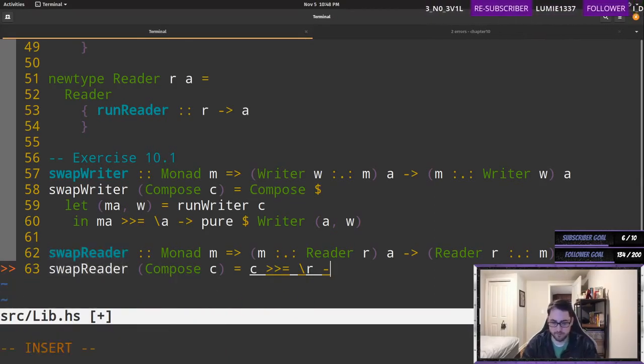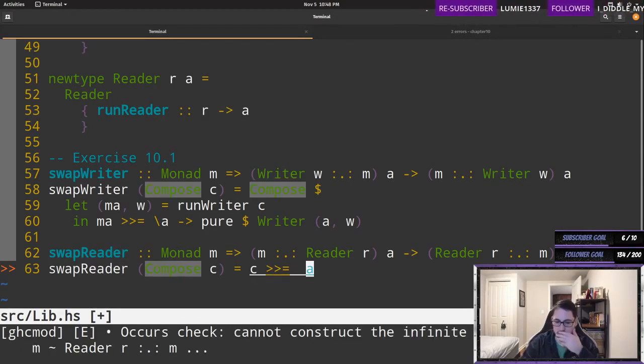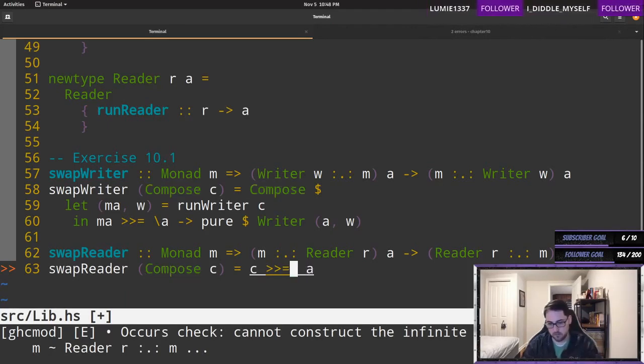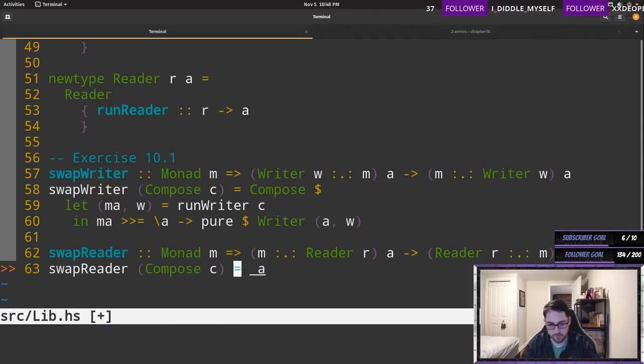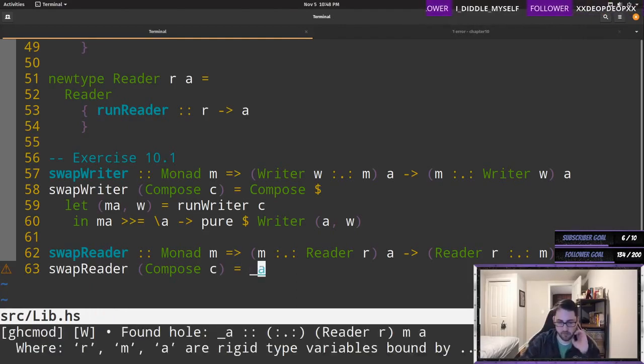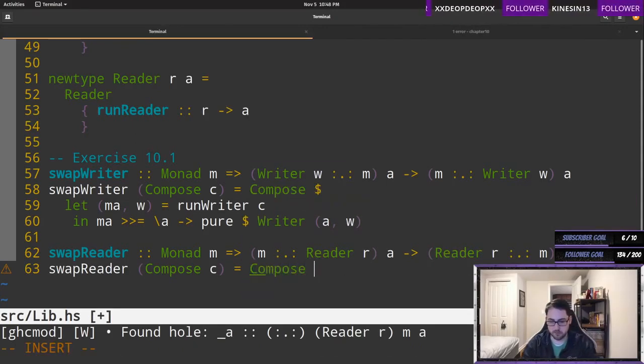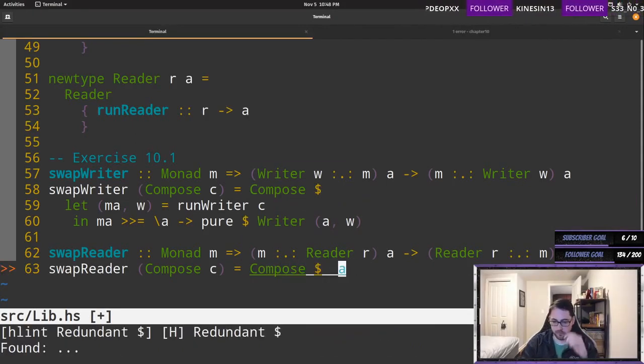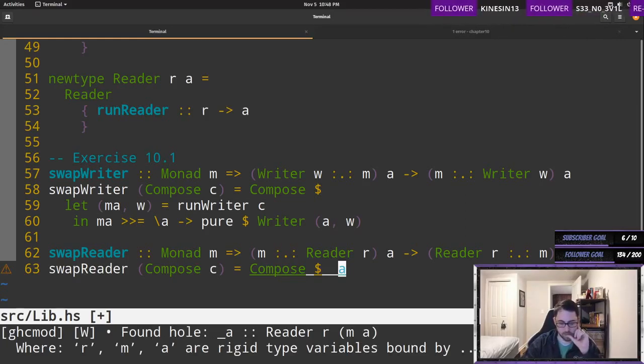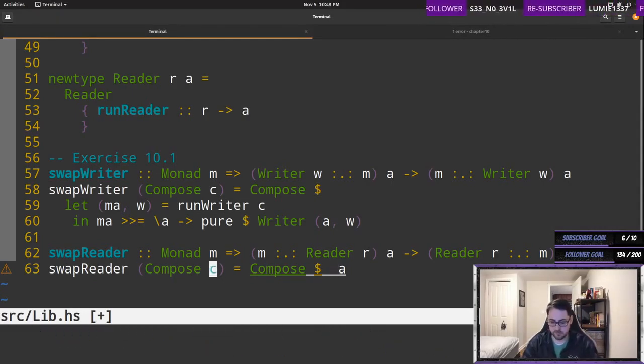Hang on. This just isn't right. Okay, let's back up. So if we put a hole here, we need a compose. Let's use that hole actually. And we need a reader R to M A. What is this C again? Whoops.